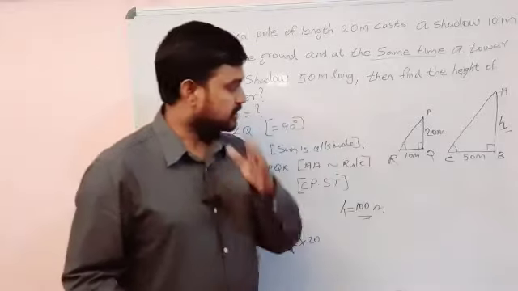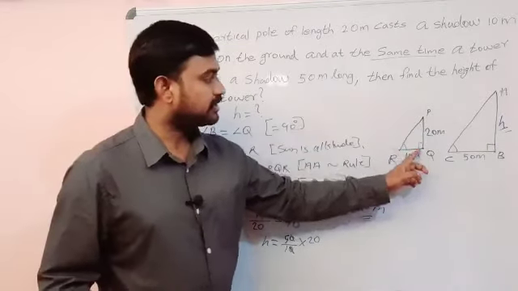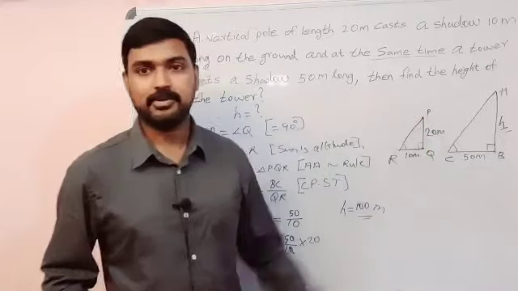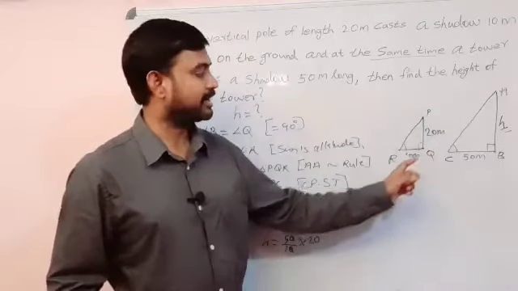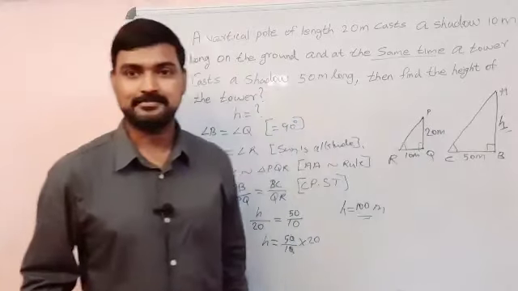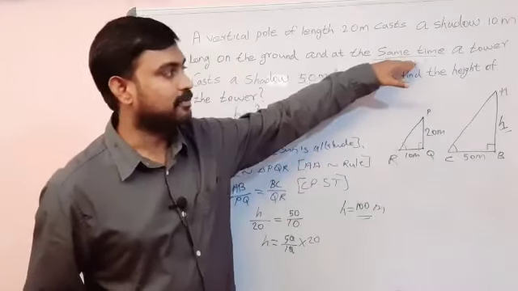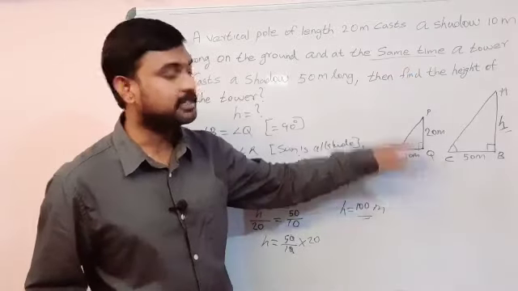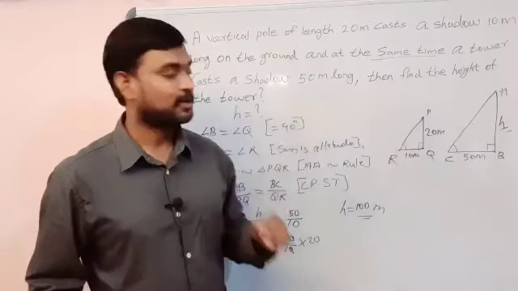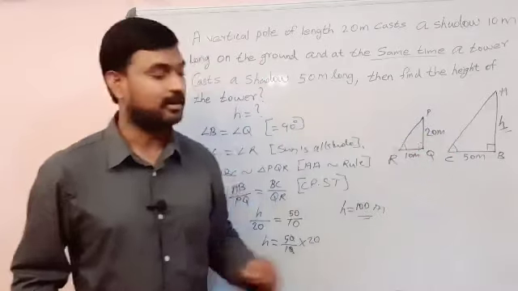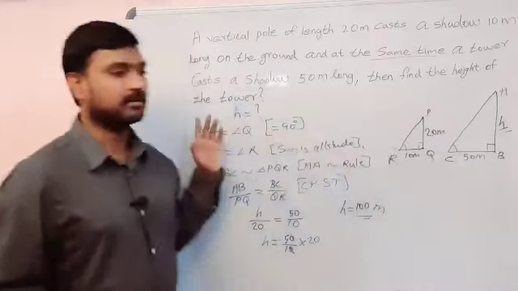At a glance, we can identify that these two angles are 90 degrees because these are vertical poles. One is the vertical tower. So both make 90 degrees with the ground. And we observed this during the same time. So the shadow is created according to the time, it will be the same. So we understood the sun's altitude creates equal angles. So angle C is equal to angle R.